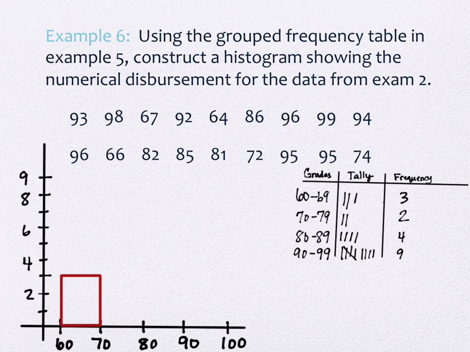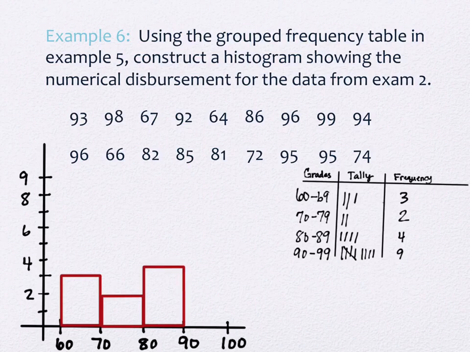How many did we have in the 70s category? 2. So I only need a height of 2 for that one. How about the 80s? Okay, so I need a bar of height 4. And what about the 90s?